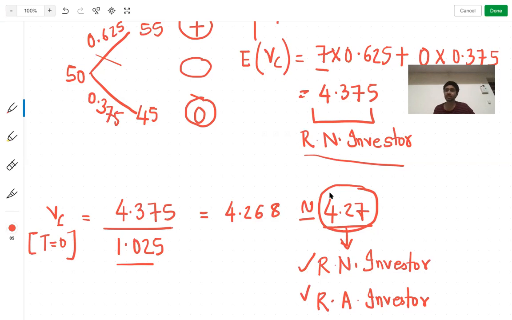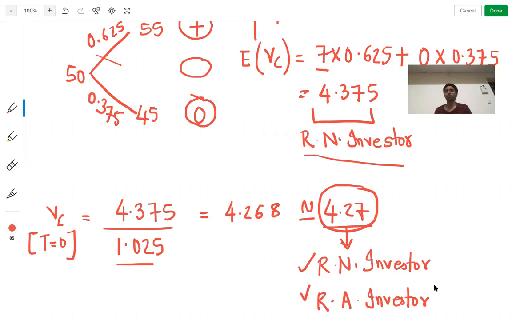Which means without the risk neutrality assumption we got 4.27, and with the risk neutrality assumption we also got 4.27. Therefore, the assumption of being risk neutral does not impact the value of the option. The value of the option that you get over here holds good for a risk neutral investor as well as a risk averse investor. This is one way of proving it.